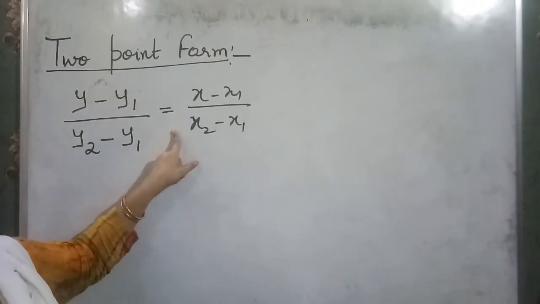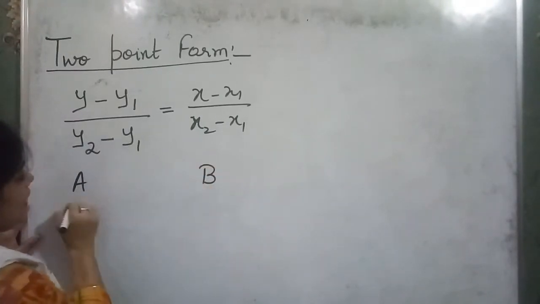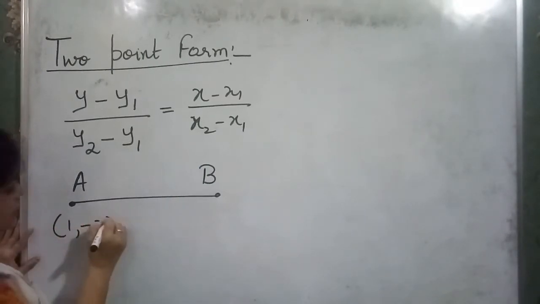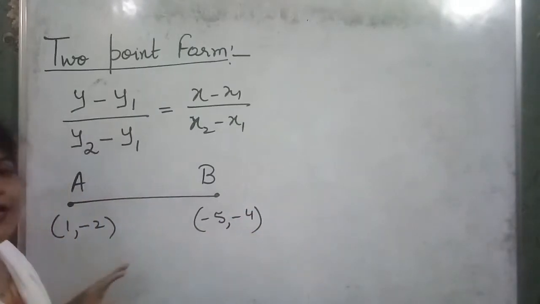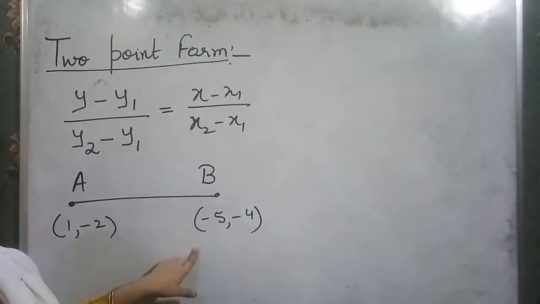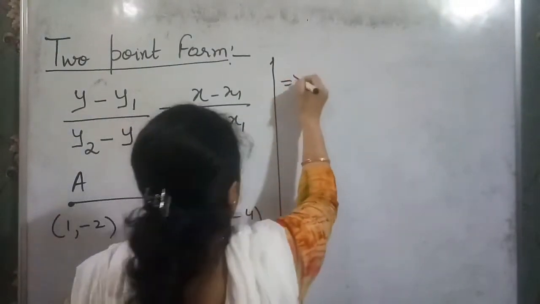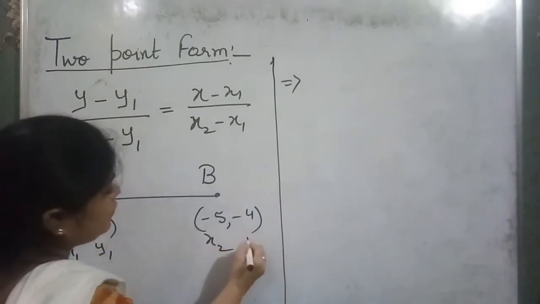Now I am going to apply this formula in finding the equation of the line which passes through 2 points. Let the 2 points be A and B, denoted by 1 comma minus 2 and minus 5 comma minus 4, and we have to find the equation of the line which passes through these 2 points. Now from here we have x1, y1, x2, y2.